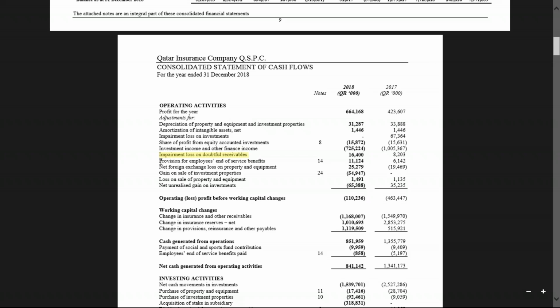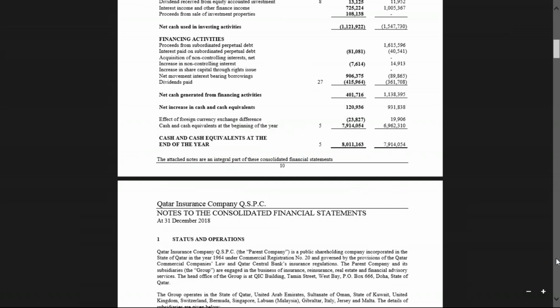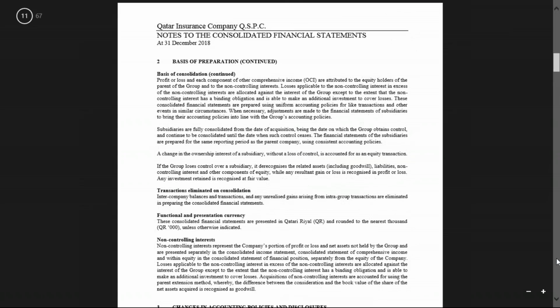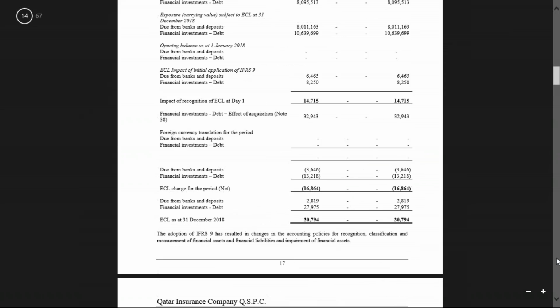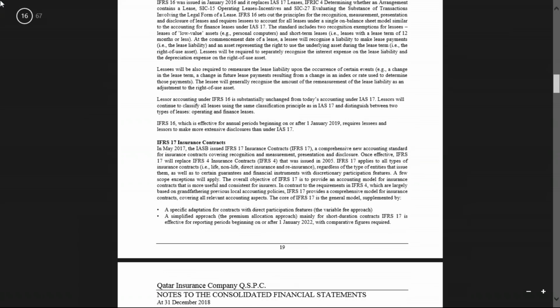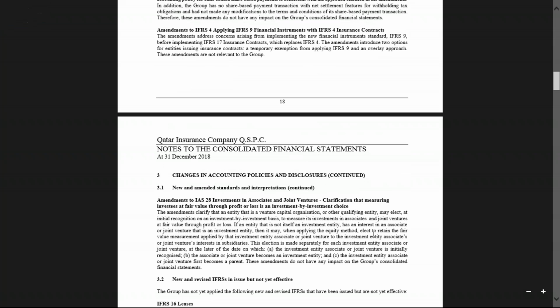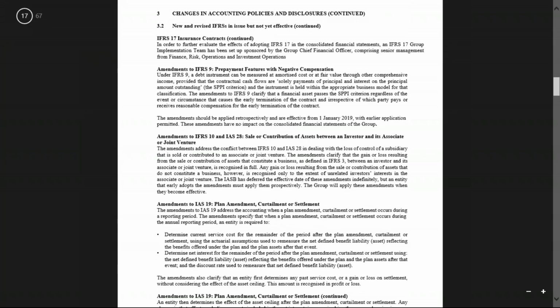So provision for employees' end of service benefit, that's not impairment, that should be computed. Right, and over here you have the details of the descriptions which you can go through, like IFRS 17 insurance contracts, and over here you have the notes, right? 16, 17.